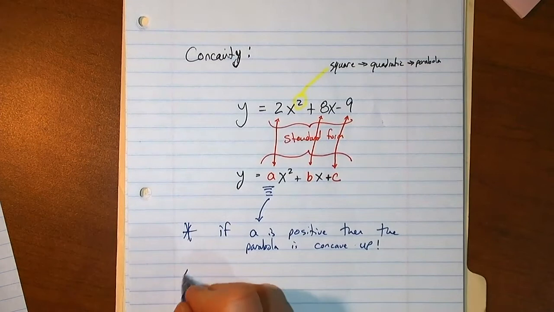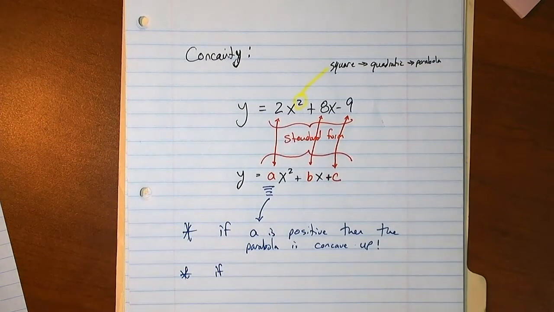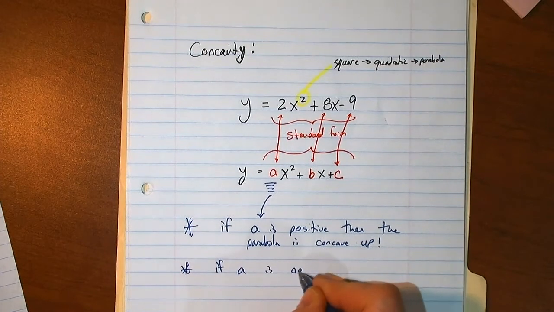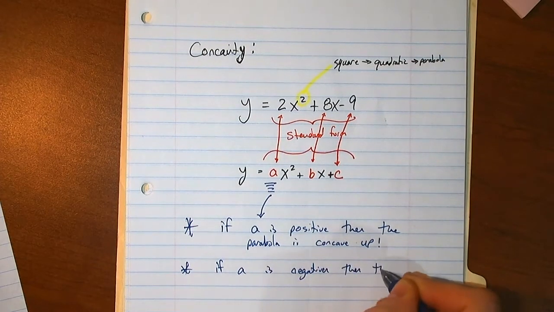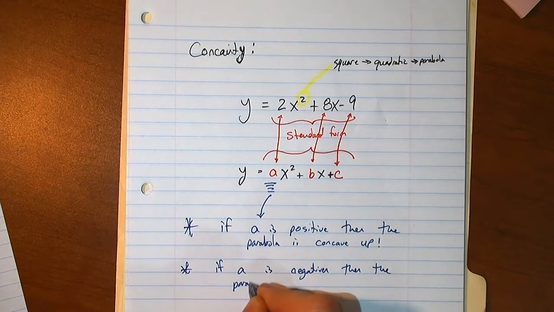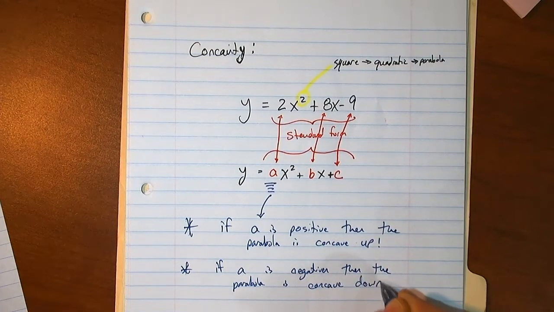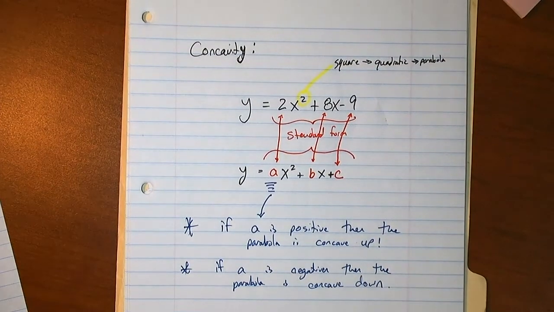Okay, and you might be able to figure out that the reverse is also true. If a is negative, then the parabola is concave down. Okay, so this is our first test. This is the test for concavity. And simply all you have to do is figure out, is a a positive number or a negative number?